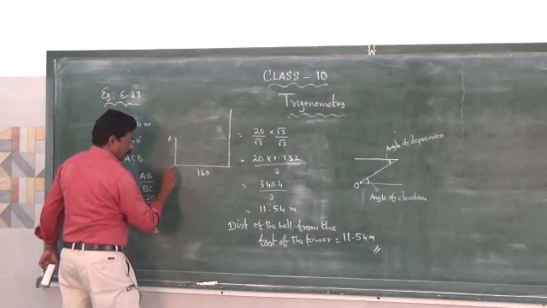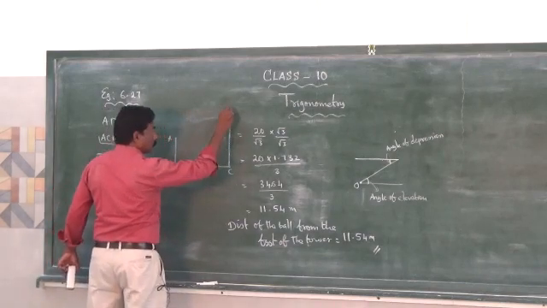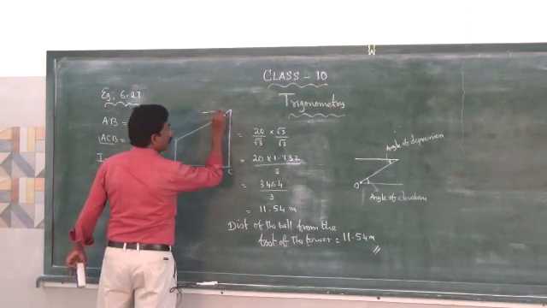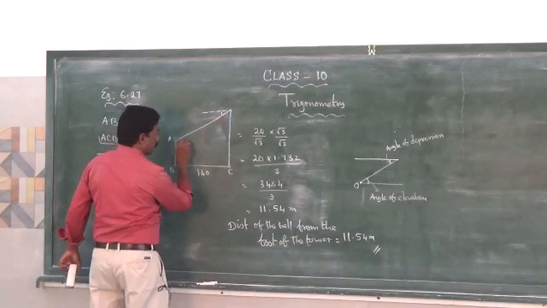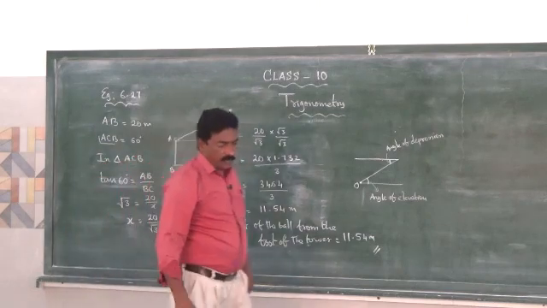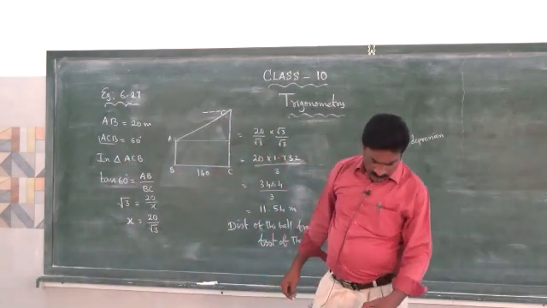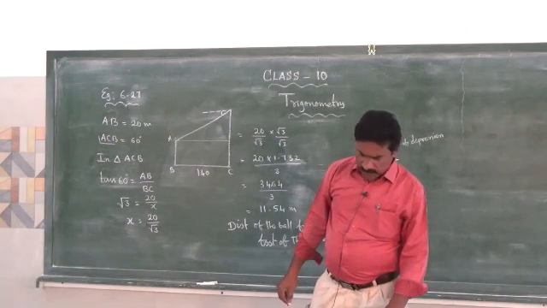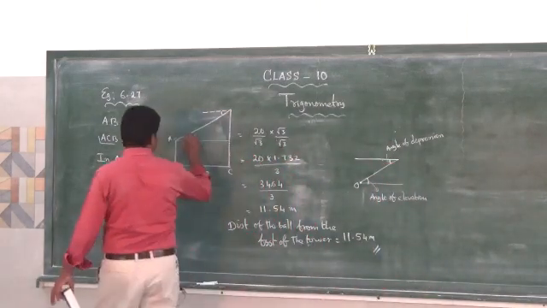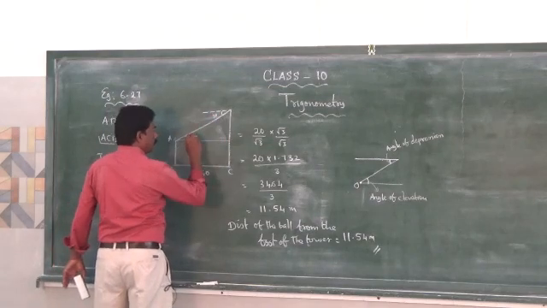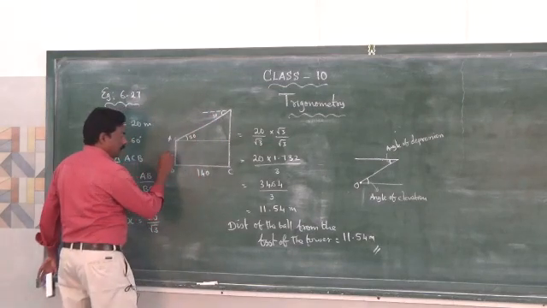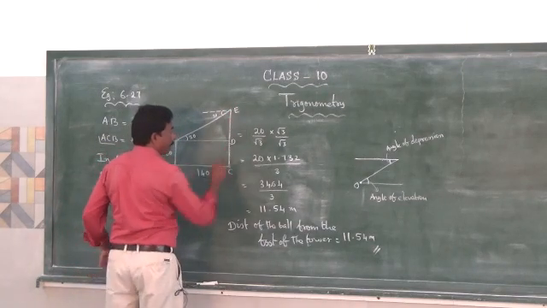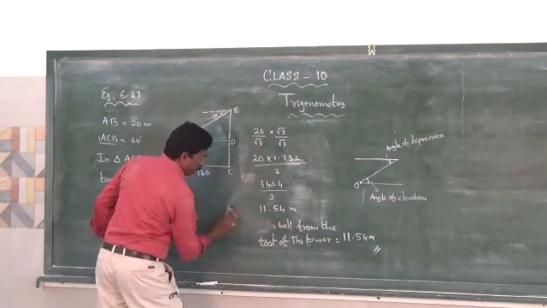Suppose AB is the first building. What is given? The angle of depression is 30 degree. The height of the first building is 60 meter.